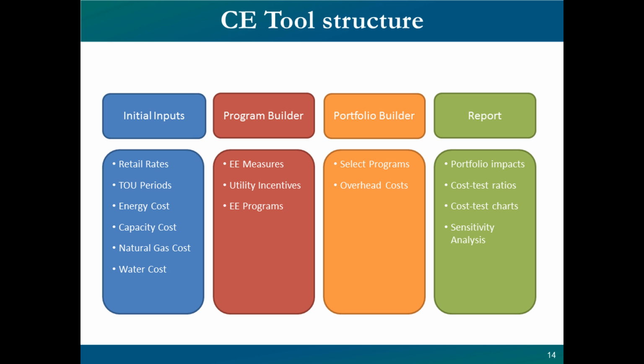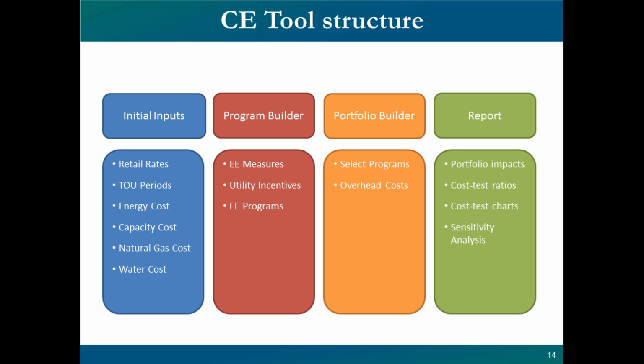The Initial Inputs tab is where you can put in your assumptions of retail rates, if those retail rates happen to be seasonal or an annual flat dollar per kWh number, or if they are TOU retail rates, where they have on-peak and off-peak components that vary. This is also where you enter the avoided energy costs, capacity costs, and in case of analyzing dual fuel programs or measures that have impacts on water and heating, you can also put in natural gas costs and water costs.